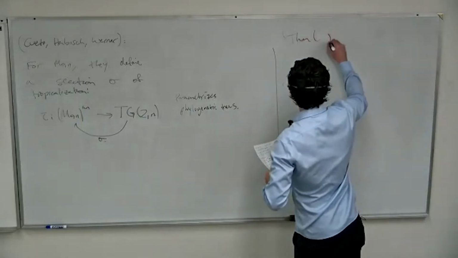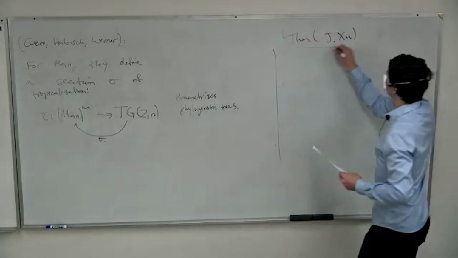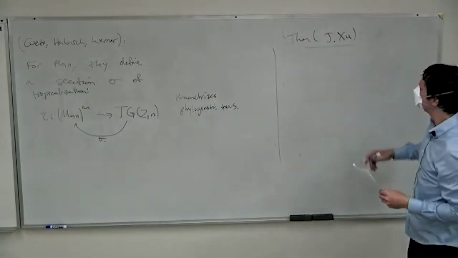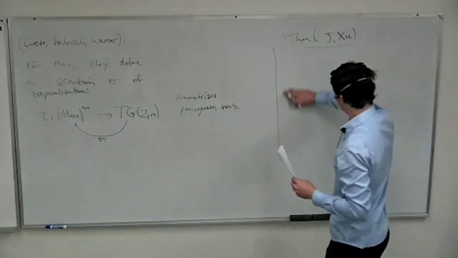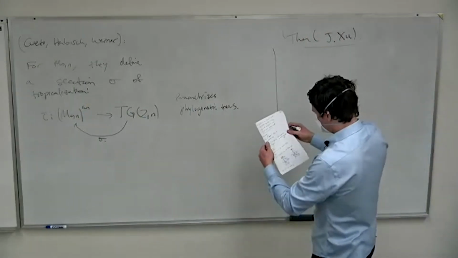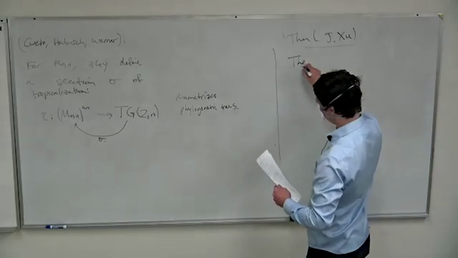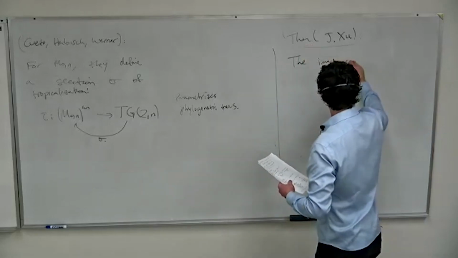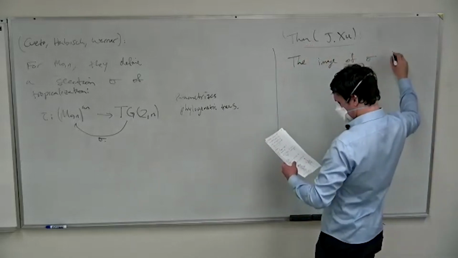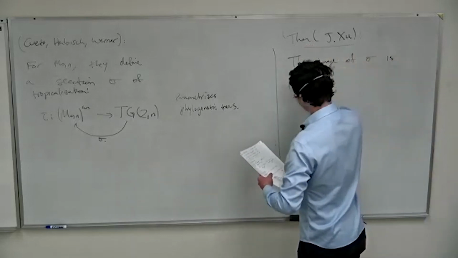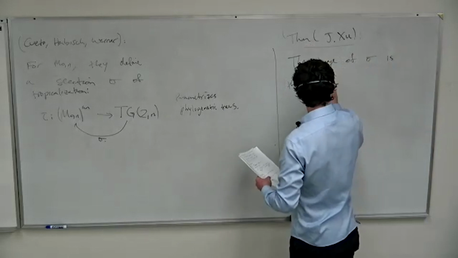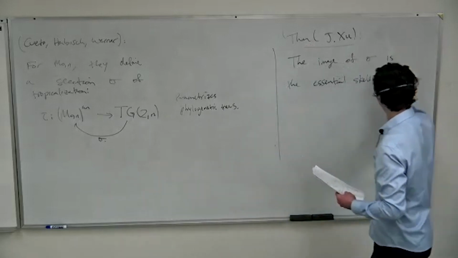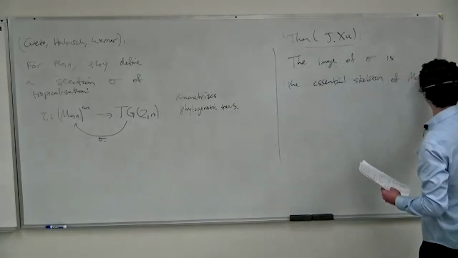So, theorem. I guess I haven't looked over all the details myself, but I believe in this theorem that the image of sigma is the essential skeleton of M0n.